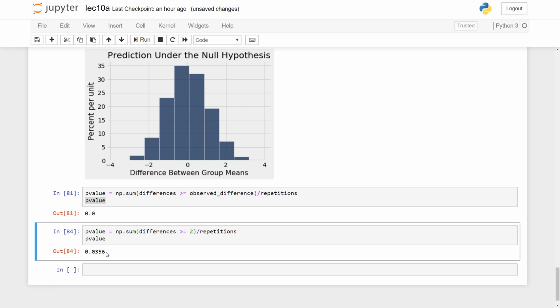If we used a 1% significance level, we cannot reject the null hypothesis because 0.035 is greater than 0.01.